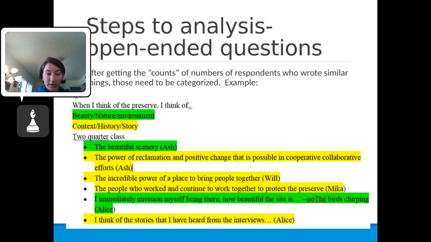And I have the quotes, which is really great because now I have things to draw on as I write up my findings. The next slide, I'm going to show you a little bit about what this then looks like in the end. But this is, again, sort of thinking about how do I take all these different things people say and categorize them into categories, and then how do I talk about it?